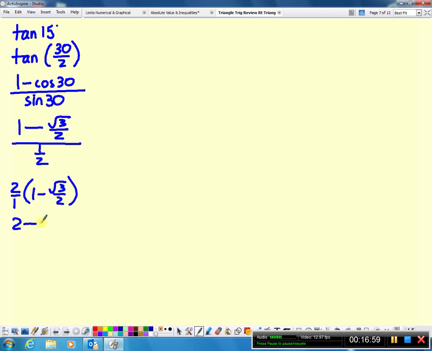I'm going to do tangent of 22.5 similarly. I'm going to make that tangent of 45 over 2. I'm going to make that 1 minus cosine 45 over sine 45.